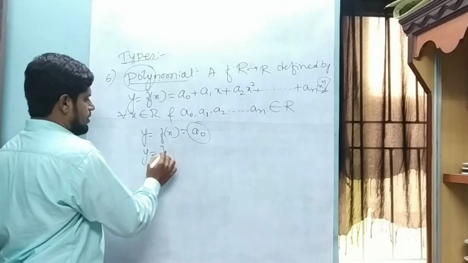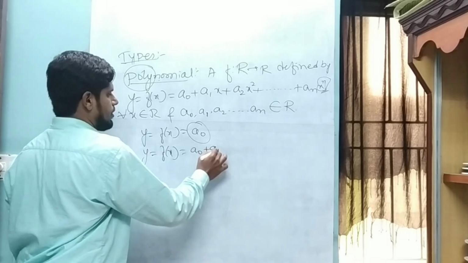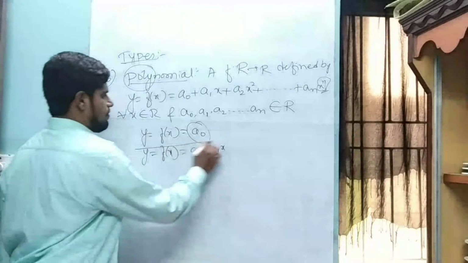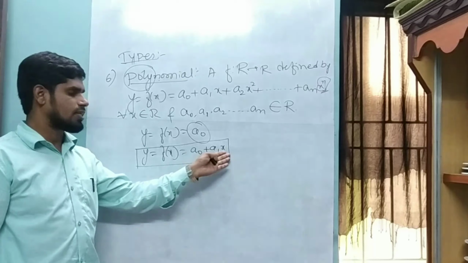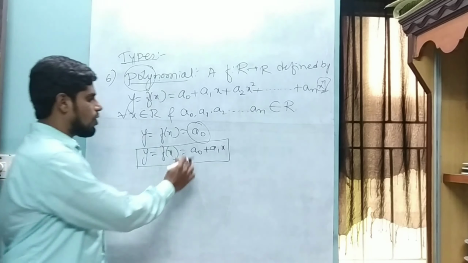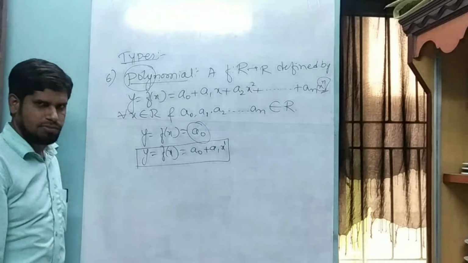If I take these two terms here, a naught plus a1x, this we have seen in our lower classes. It is a linear equation, an example of a linear equation or polynomial of degree 1, because the highest power of x is 1.